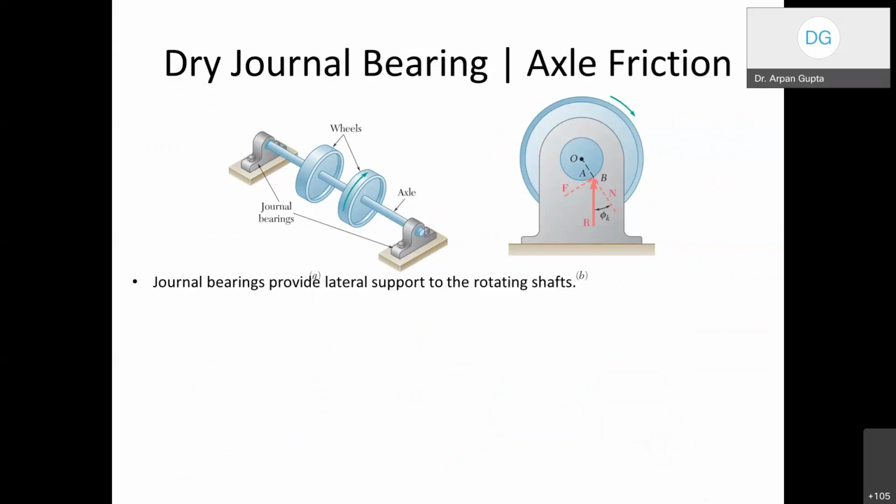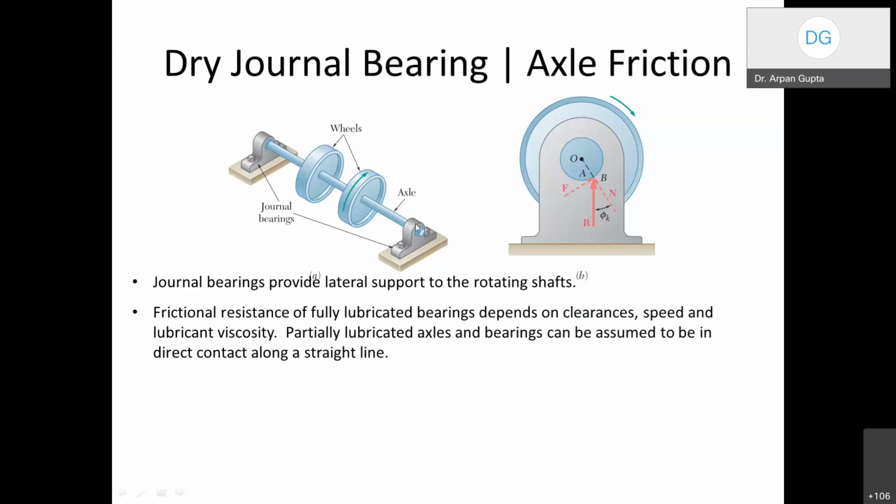So the journal bearings are provided to give lateral support to the rotating shafts, right? There is an axial direction, and perpendicular to the axial direction is called the lateral or transverse direction, and to provide support in that lateral direction, we use the bearings.